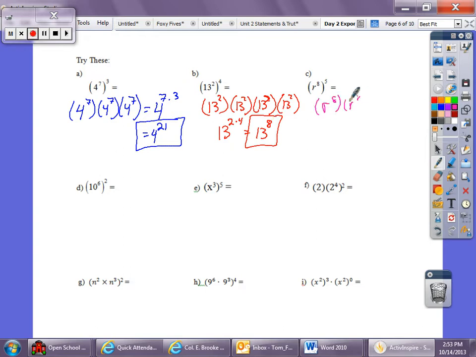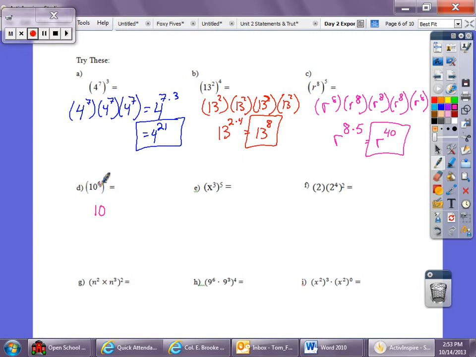If I write this 5 times, r to the 8th, r to the 8th, r to the 8th, r to the 8th, r to the 8th, that's going to be r to the 8 times 5, which will be r to the 40th.